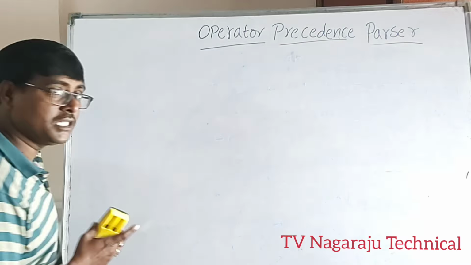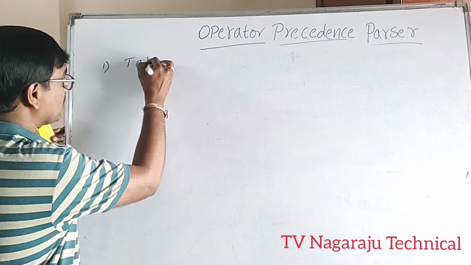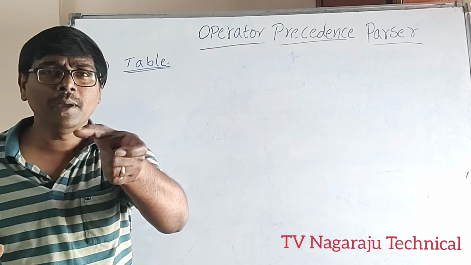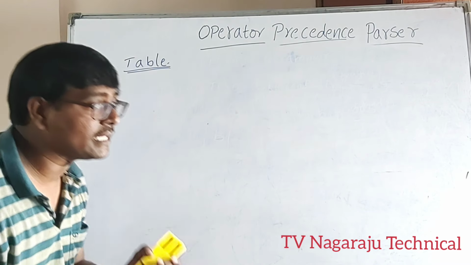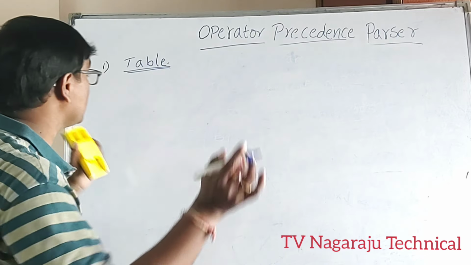The procedure is very simple. The first step is you need to construct an operator precedence table. What is meant by precedence table? The relationship among the operators is called the precedence table.